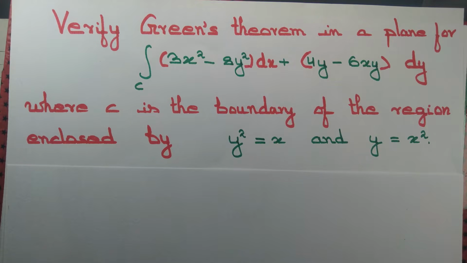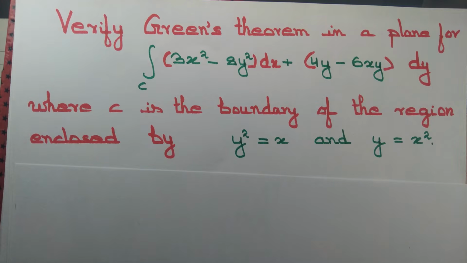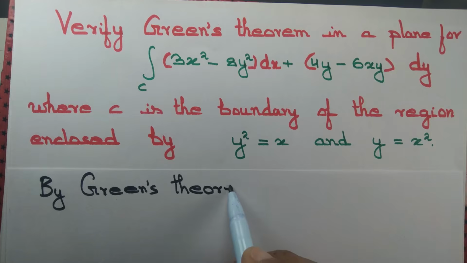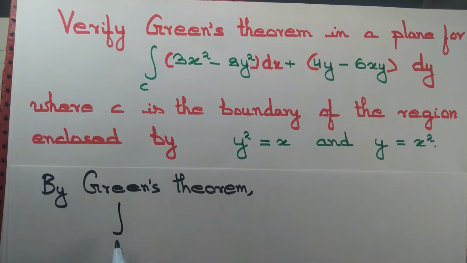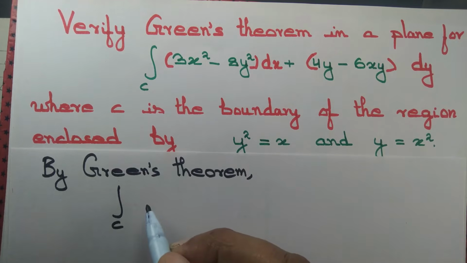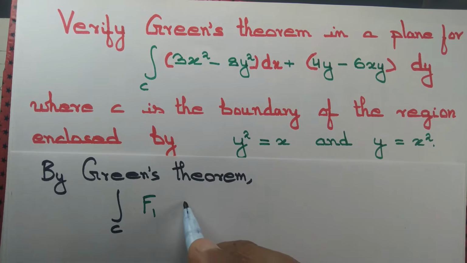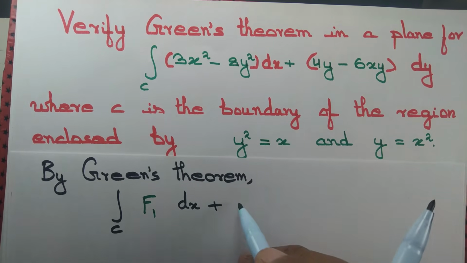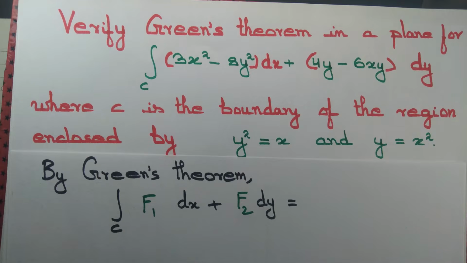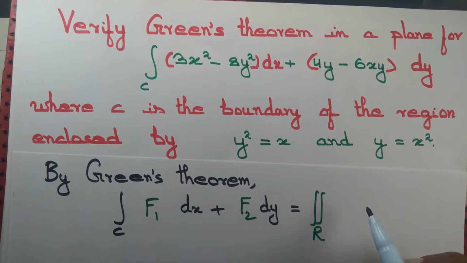By Green's theorem, the integral over the closed curve, which we have already obtained, that is OPAQO, of F1 dx plus F2 dy, equals the integral over the region. The region is the exact region that the closed curve encloses.